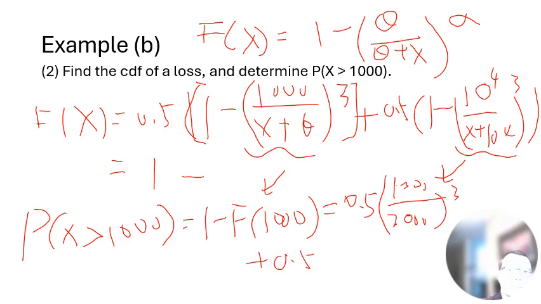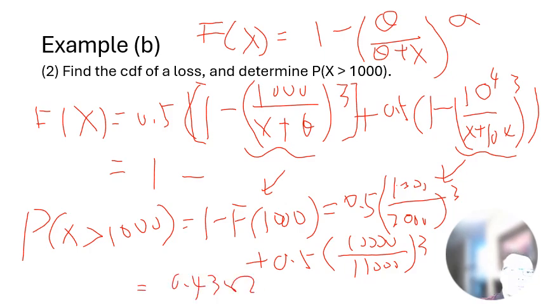Plus 10,000, 11,000, and finally we can get a result of 4382.